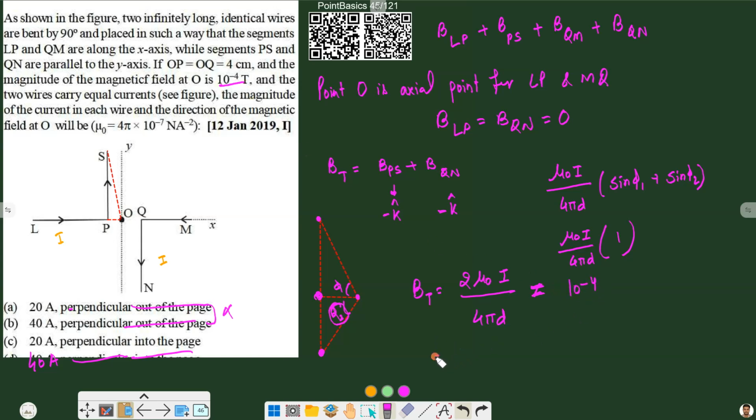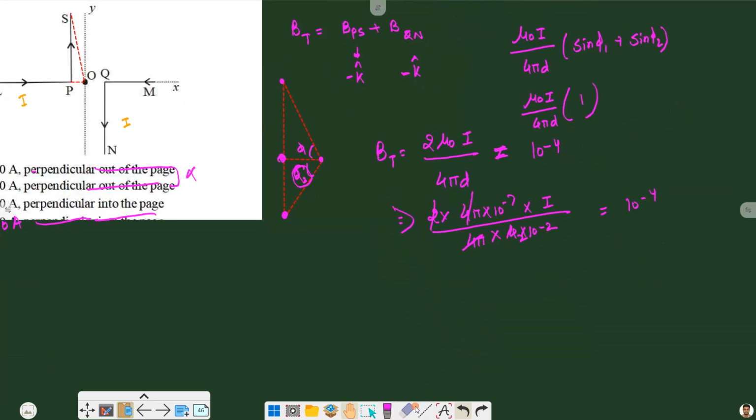Now putting these values, mu naught by 4 pi is 10 raised to power minus 7, I as it is, divided by distance, that is 4 centimeter as given in the statement, is equal to 10 raised to power minus 4. The 4 pi gets cancelled, this 4 gets cancelled with 2, so we have here 10 raised to power minus 5 into I divided by 2 is equal to 10 raised to power minus 4.